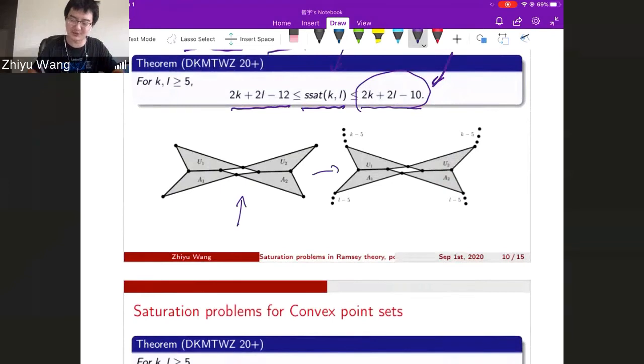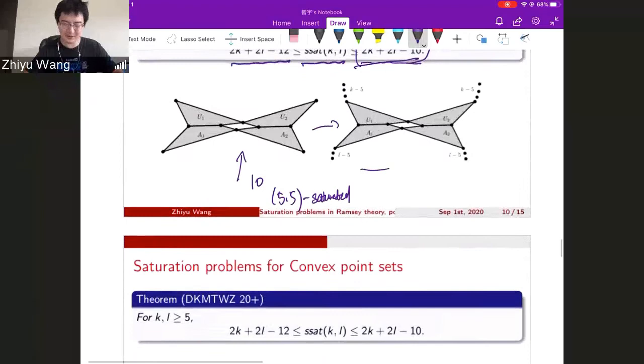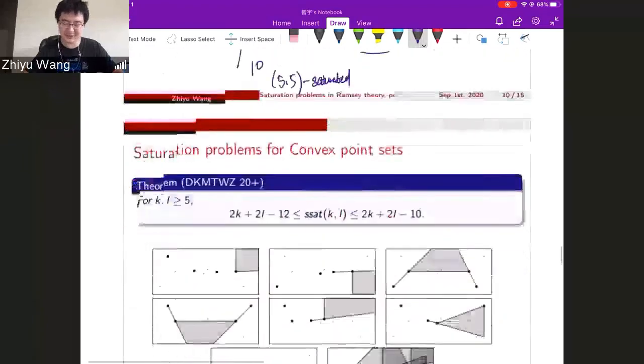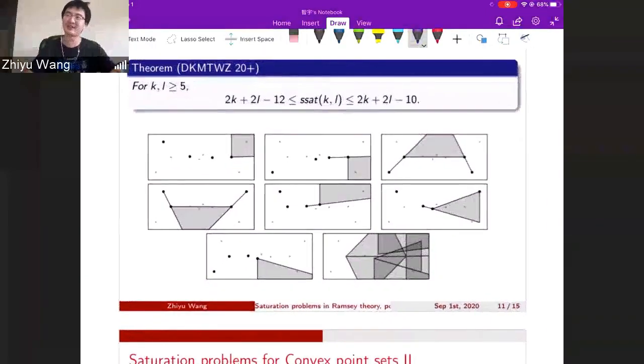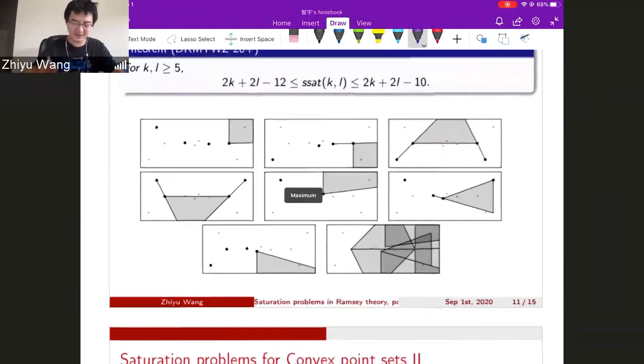Let's start with an example with 10 vertices, and we want to show that this is 5-saturated for the k-cup and l-cap. It can be seen from the picture below. All we need to show is that any new point will give us a 5-cup or a 5-cap.